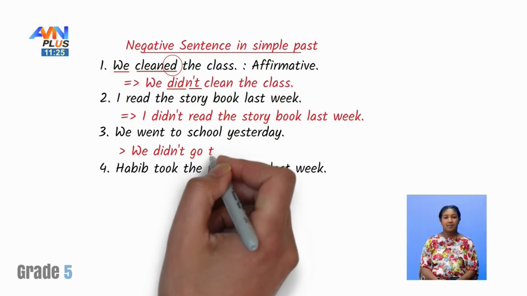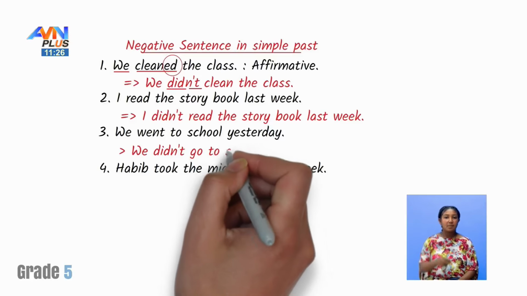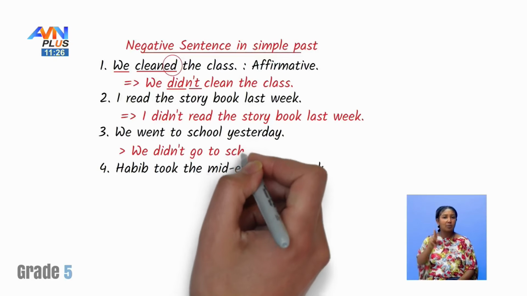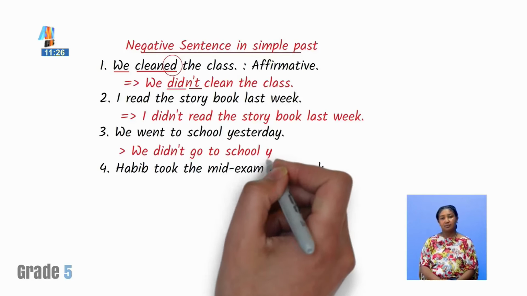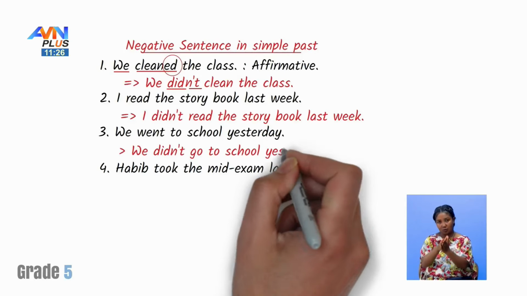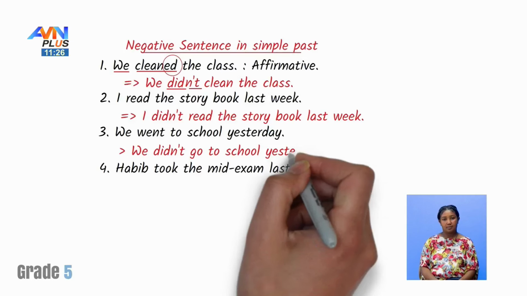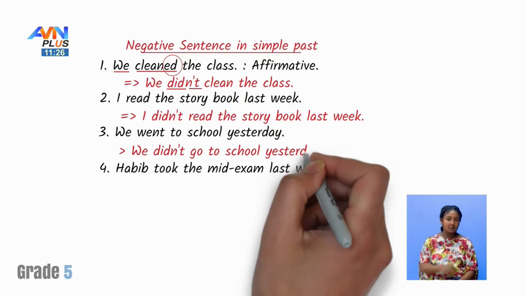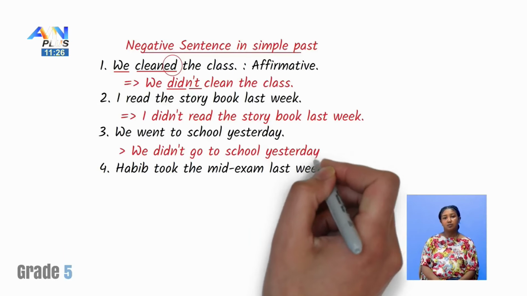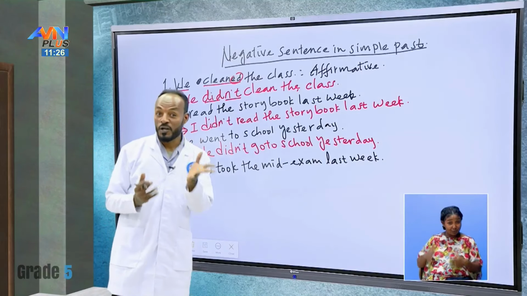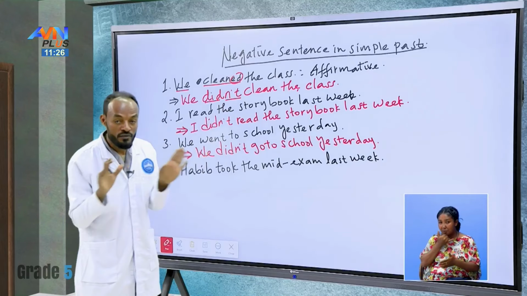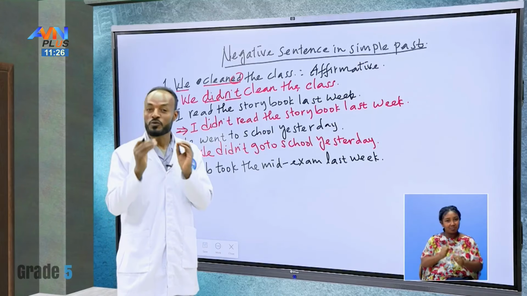We didn't. What the verb form of went? Go. Nice. We didn't go to school yesterday. Bravo. If you did like this, you're right. If not, please never give up, because you can do more.